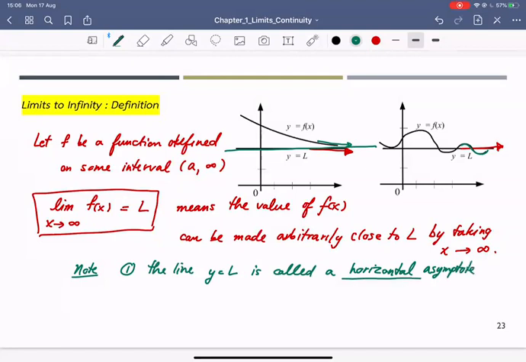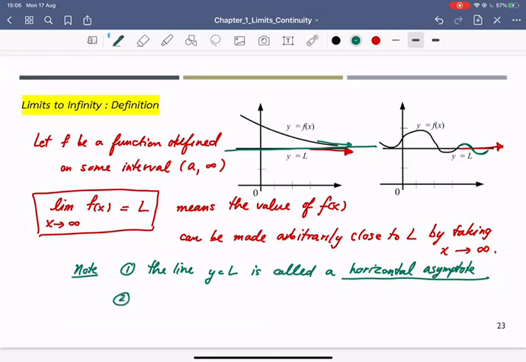This is going to be useful later when we try to use derivatives to plot graphs. After the midterm, we're going to talk about horizontal asymptotes again and again.